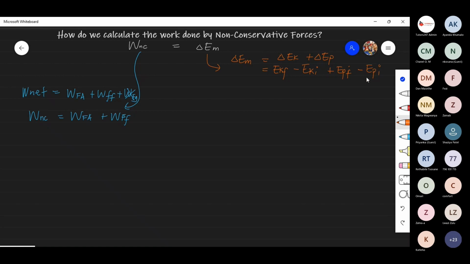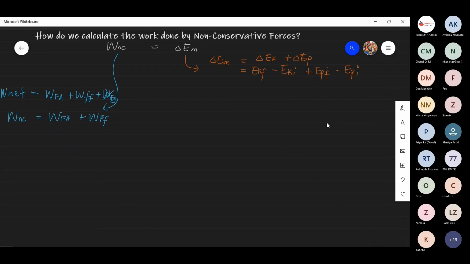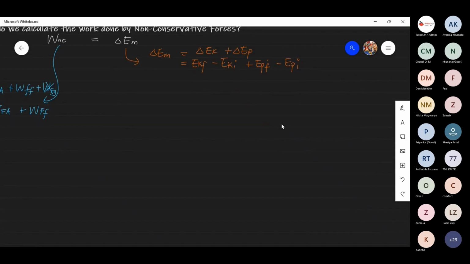All we've done so far is break it up according to the rule of change. Change refers to final minus initial. Now we can further break this up into each formula because kinetic energy has its own formula and potential energy has its own formula. So let us break it up according to that.